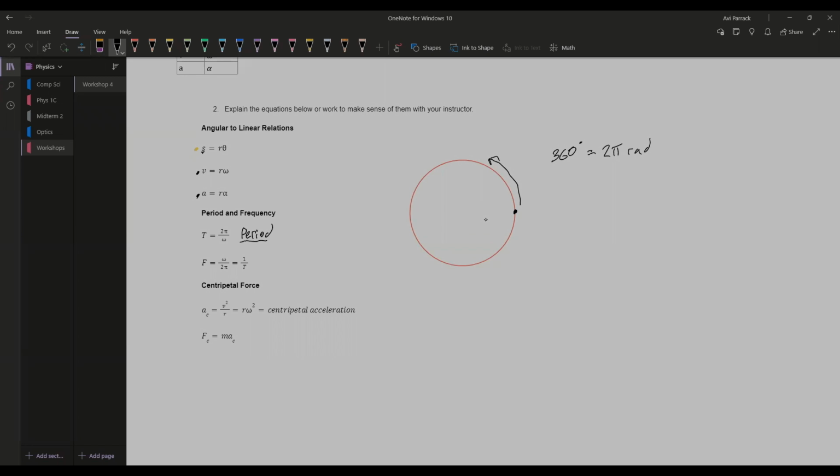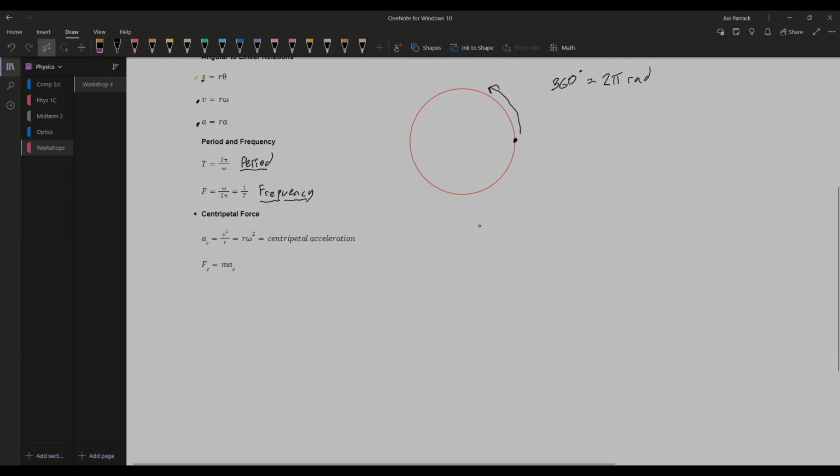It makes the most sense. If you're going around more than 1 time per second, then it makes more sense to talk about a frequency. But those are easily relatable. They're just the reciprocal of each other. You just flip this fraction over and you get the other one.